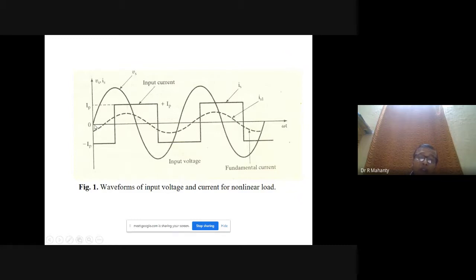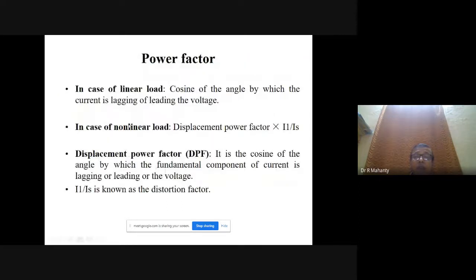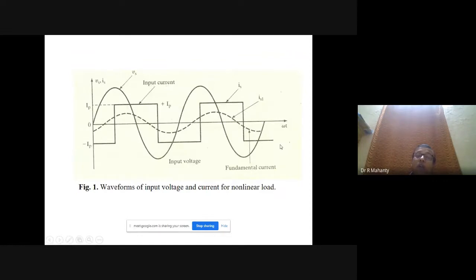So the angle between the voltage Vs and the dotted line, which is nothing but IS1, gives you the cosine of this angle, the displacement power factor, multiplied by I1, the RMS value of this current, and divided by IS, the RMS value of the total current, which gives you the definition of power factor in case of a nonlinear load. Therefore, we have written here that it is the displacement power factor multiplied by the fundamental component current divided by the total current. So this is how we will define the power factor in the case of a nonlinear load.